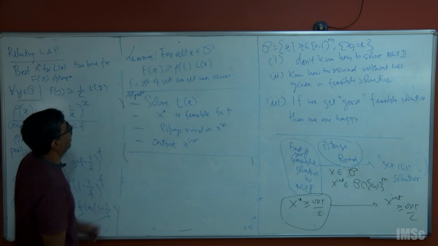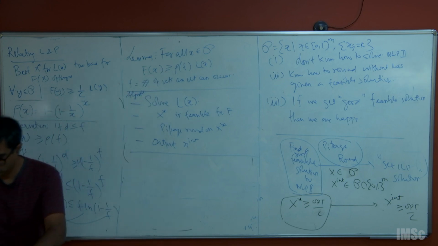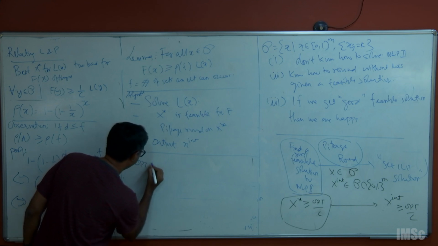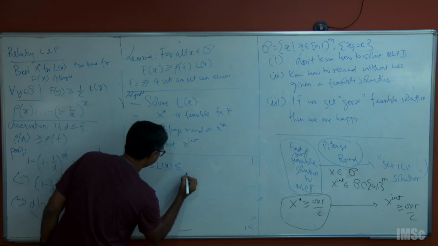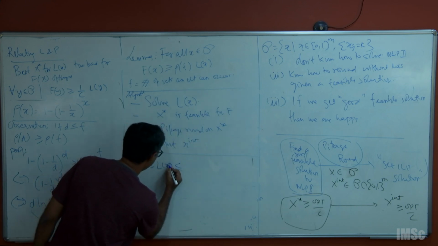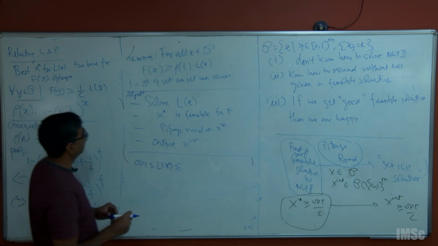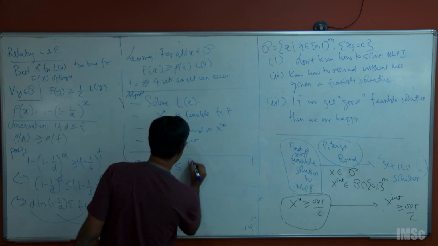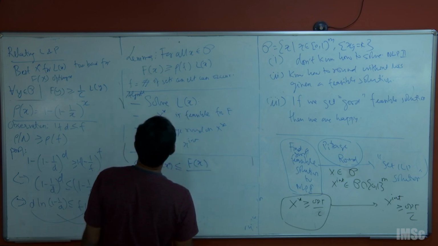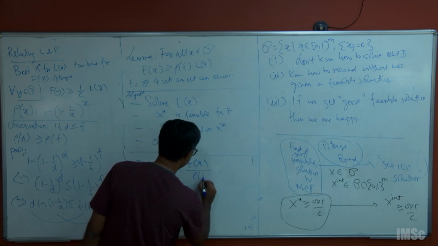So now I know that opt is less than or equal to L of x star, and so then what I can write here is that this is nothing but f of x star divided by rho of f.